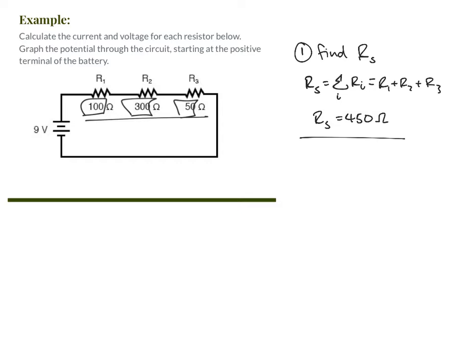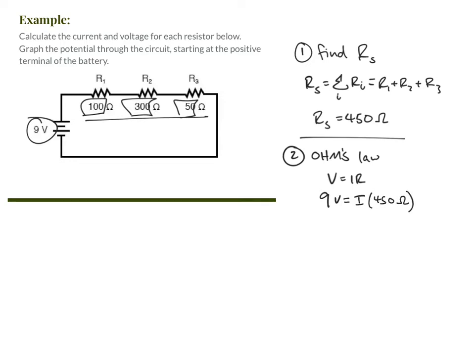So now we're going to use Ohm's law, which is V equals IR, to determine the total current of the circuit. The voltage in the circuit is 9 volts, which is given by the battery. 9 volts equals the current times the resistance, which is 450 ohms.